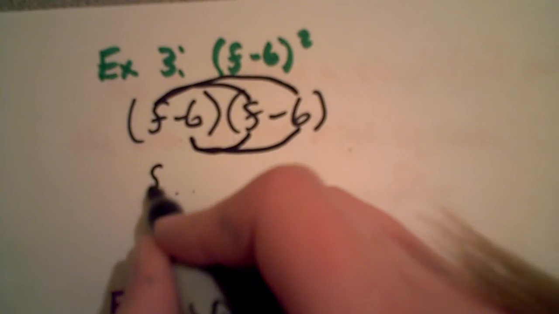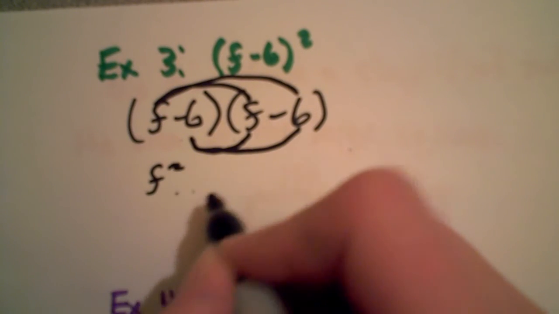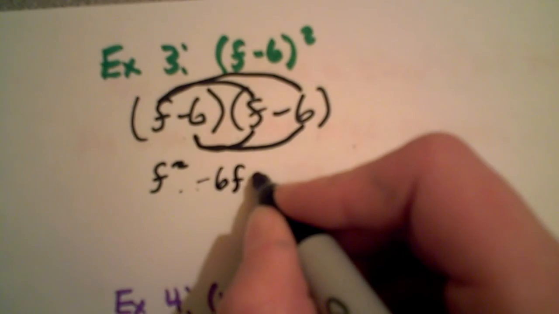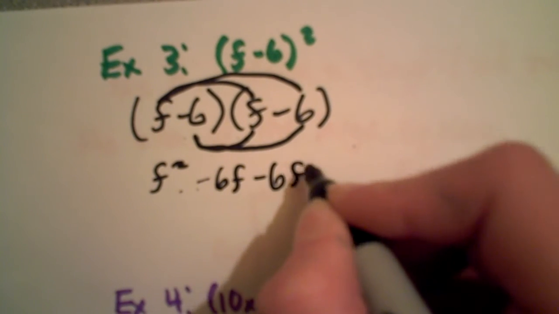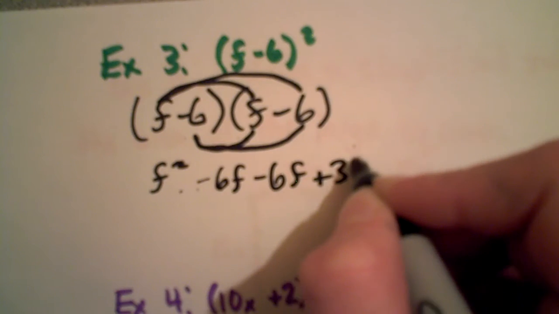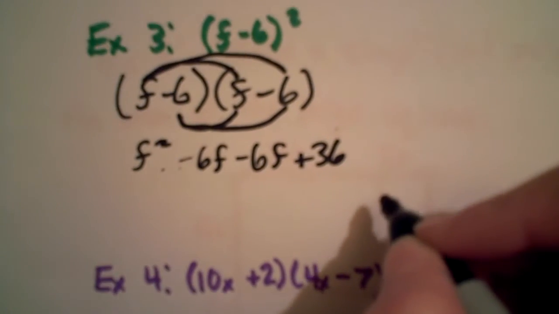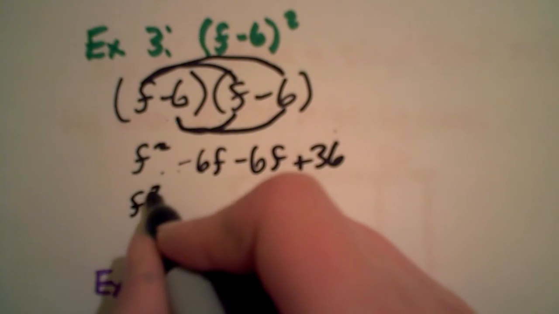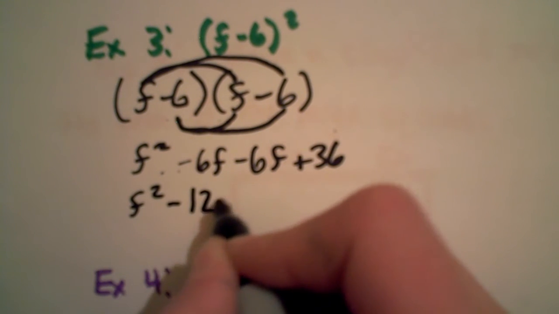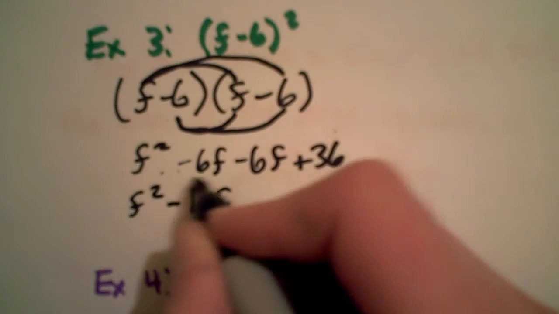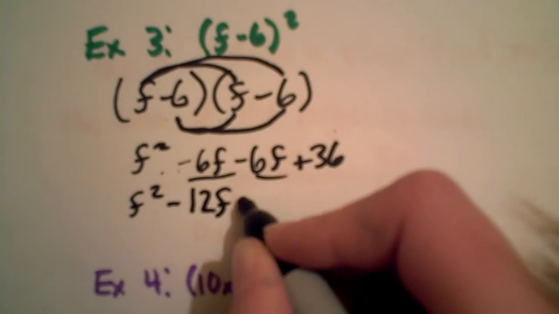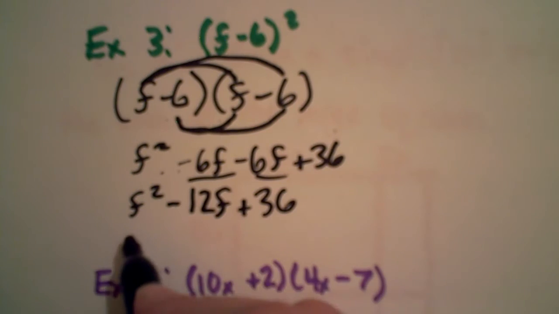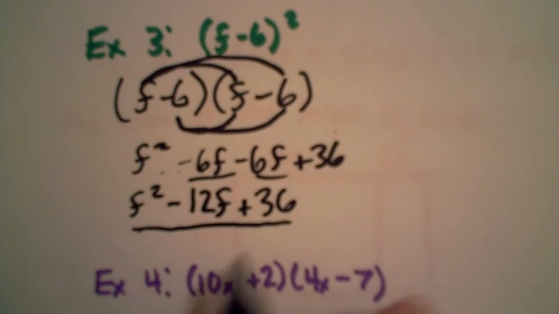So we're going to have f squared minus 6f and minus another 6f plus 36, because a negative times a negative is a positive, of course. So f squared minus 12f, because we can combine these because they're like terms, plus 36. And as you can see, we've ended with the trinomial. Like I said before, we should end with the trinomial.